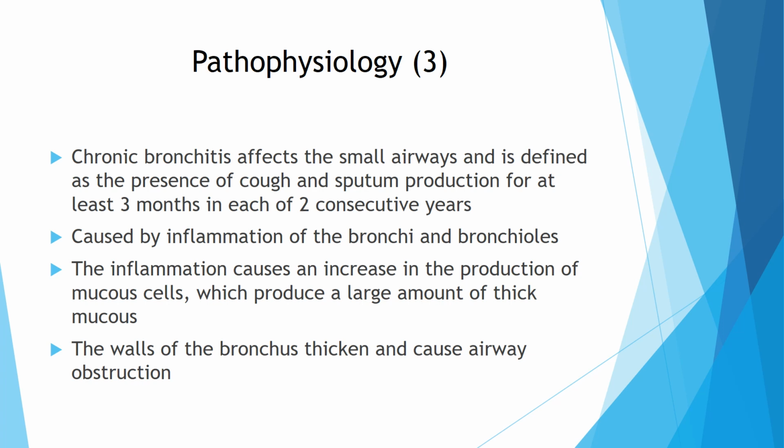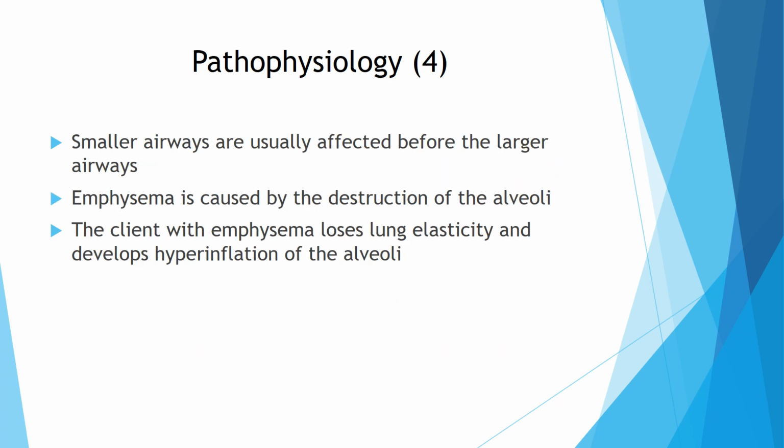The inflammation causes an increase in the production of mucus cells, which produce a large amount of thick mucus. So the walls of the bronchus will thicken and then cause airway destruction or obstruction. So smaller airways are usually affected before the larger airways.